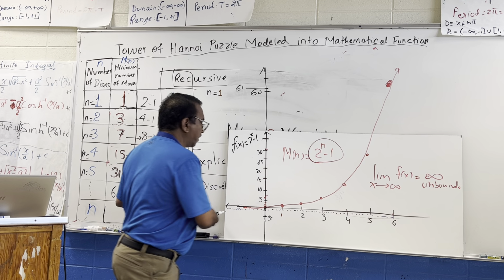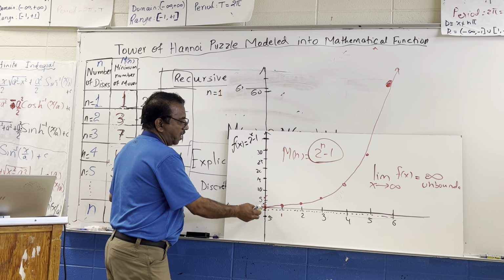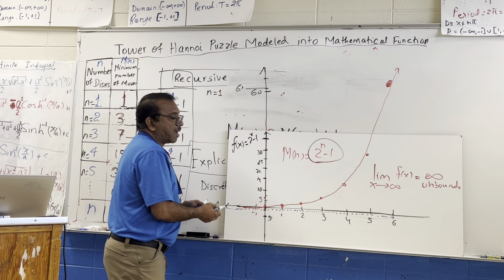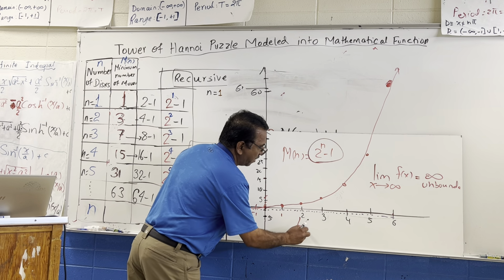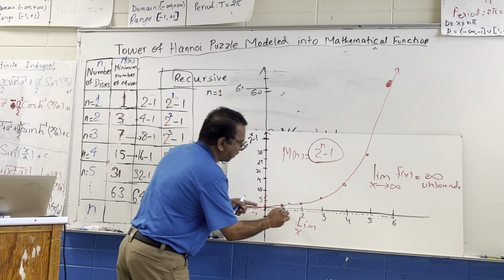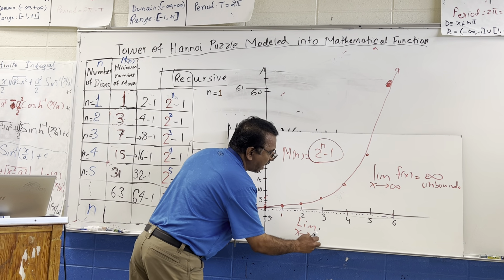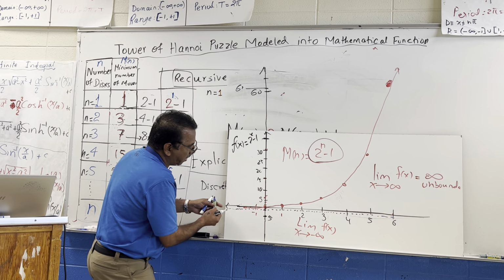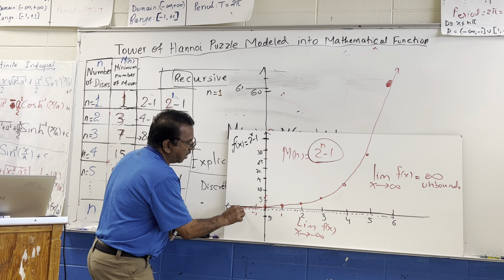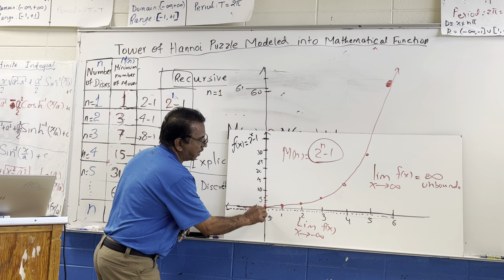And you can't have a 0 or minus 1 disks, but as we know for this function, as the numbers become very large negative numbers, the graph comes closer and closer to the horizontal line.